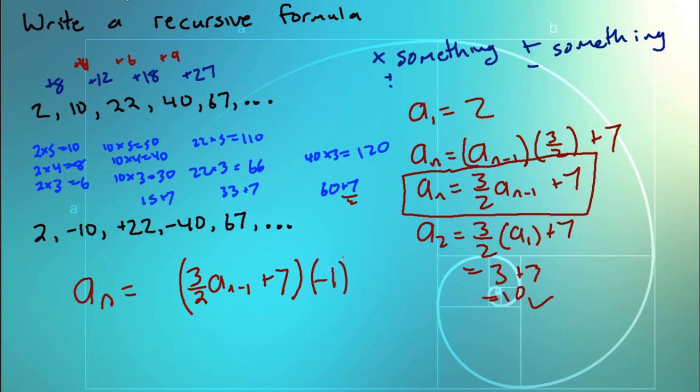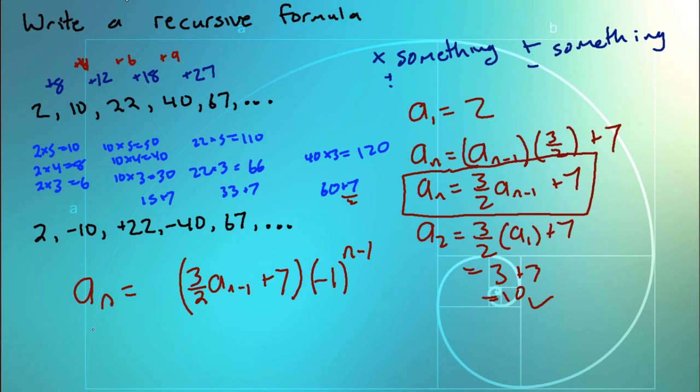Multiply it by -1, but I don't want to multiply by -1 every time. Multiply it by -1 every other time. So this would be an odd term number, and this is an even term number. So I could do a -1 right there. So all the odd terms will be negative, or all the even terms will be negative.